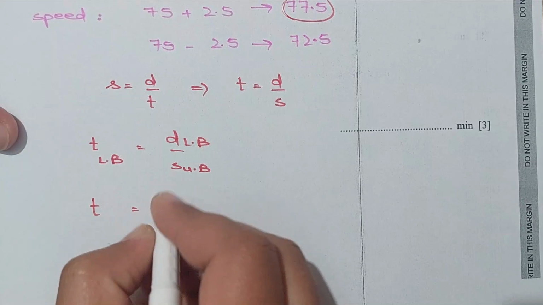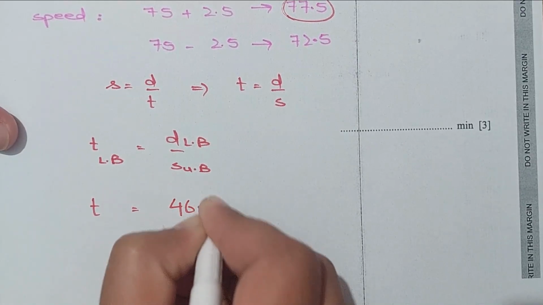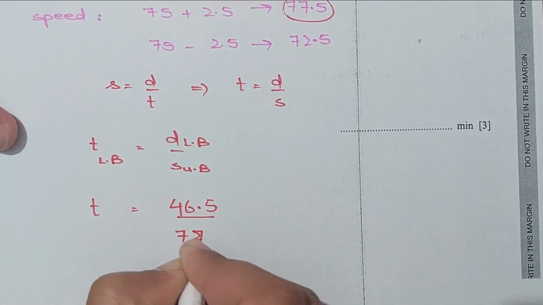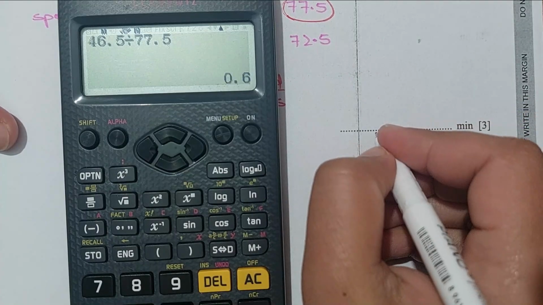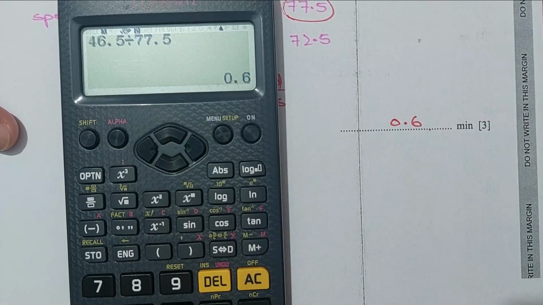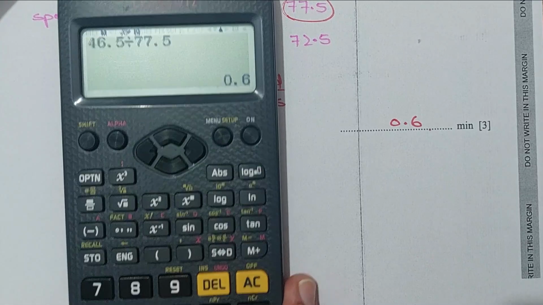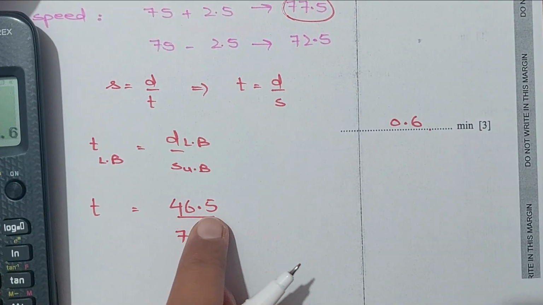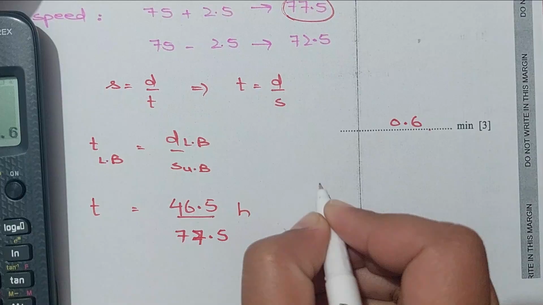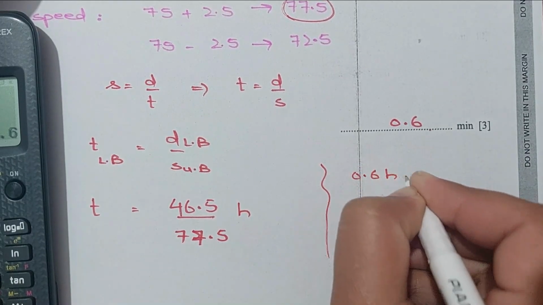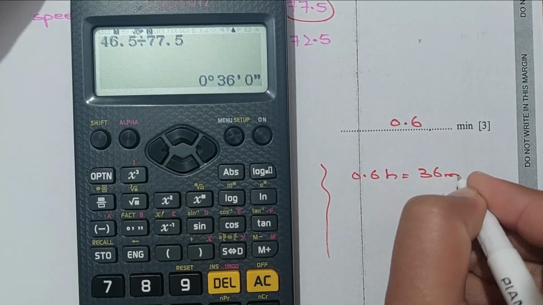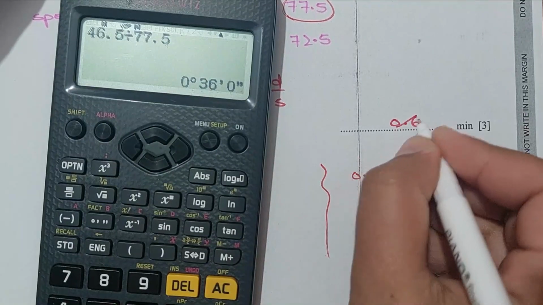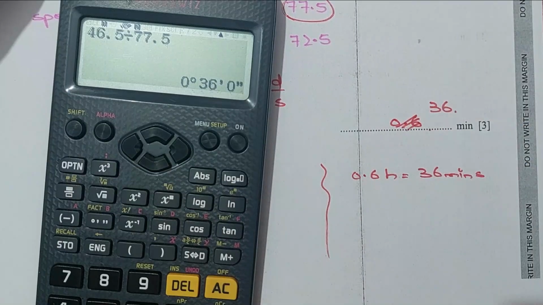The time lower bound is distance 46.5 divided by speed 77.5. This is 0.6. Sorry, we have to find the answer in minutes. This is in kilometers, this is in hours. 0.6 hours in minutes is 36 minutes. So in minutes the answer is 36.